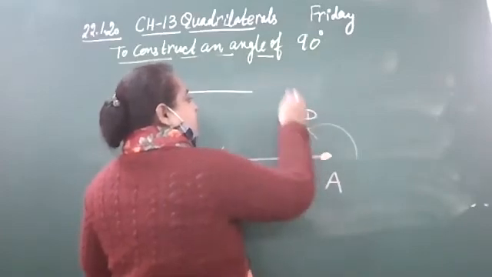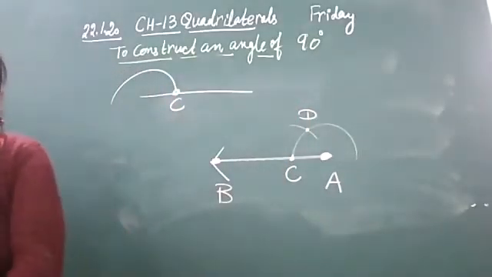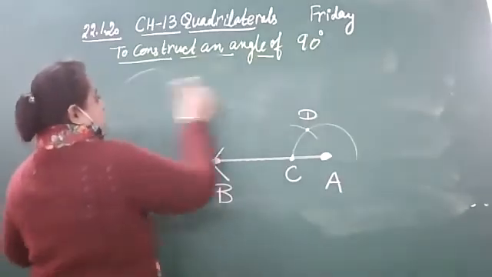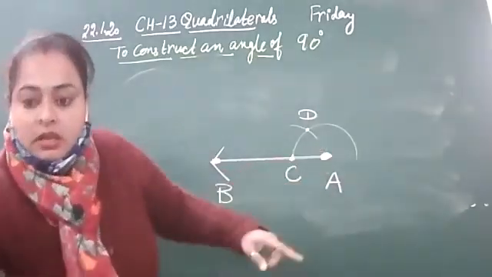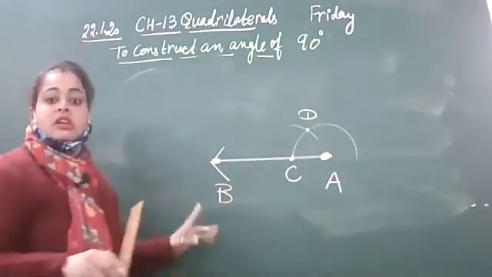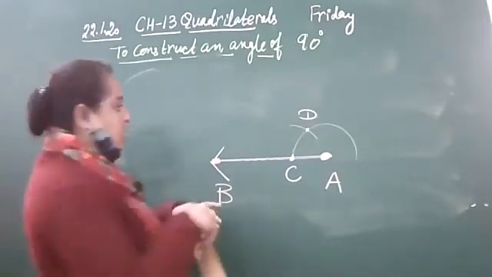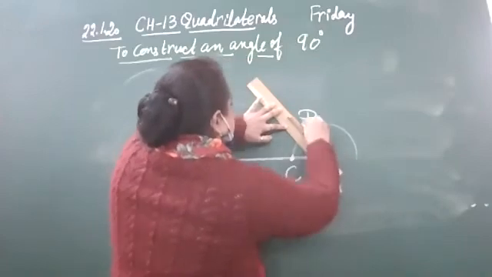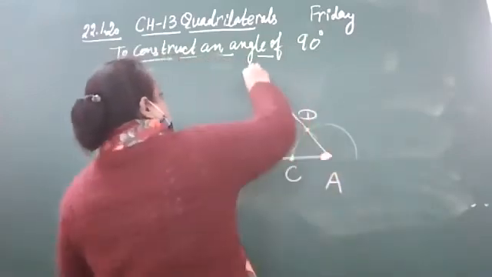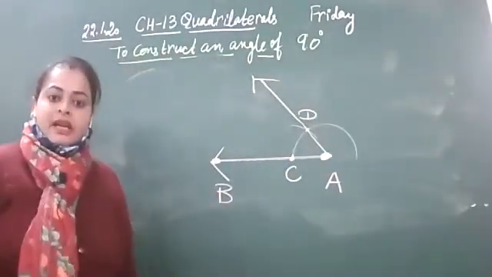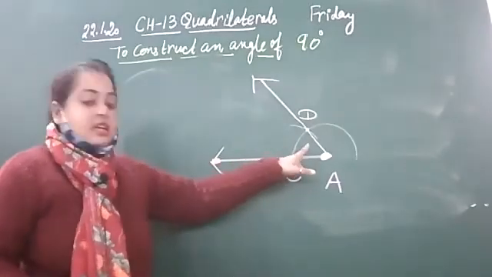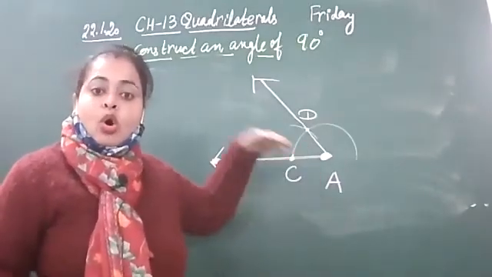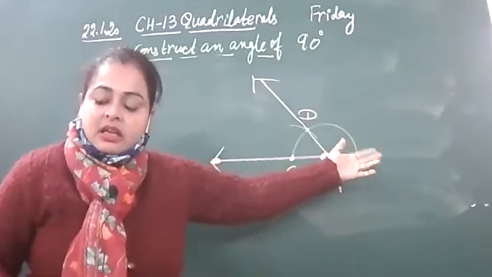This is point D. Now to construct an angle of 60 degree, draw a ray like this. Fine. So this is a 60-degree angle on the right hand side.